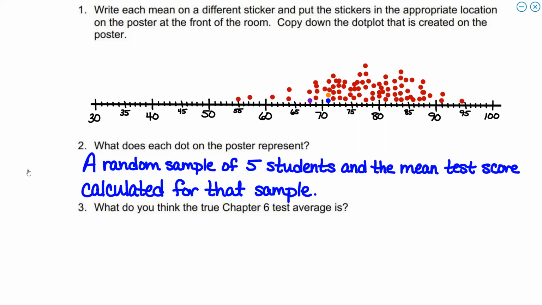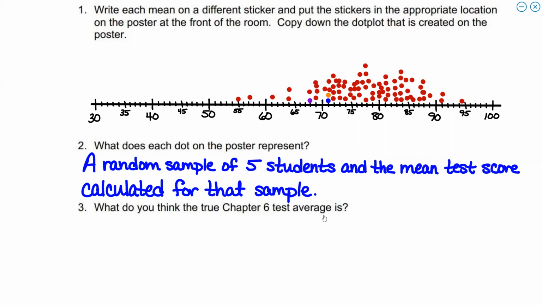Looking at this here, ballpark for me where you think the true test average is. Between 80 and 85. Let's see if we can narrow it down a little bit more. Between 80 and 85, do you think it's closer to the 80 or closer to the 85?